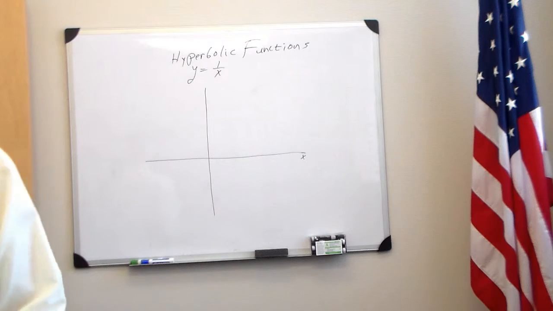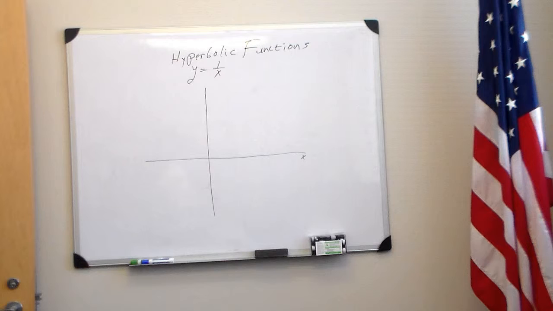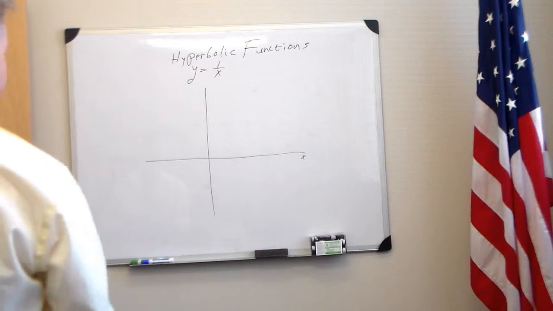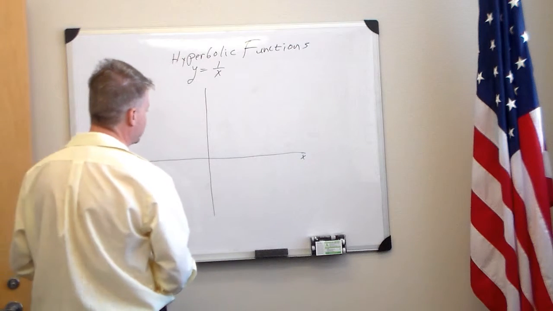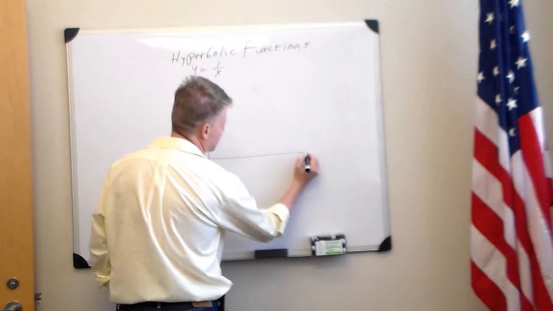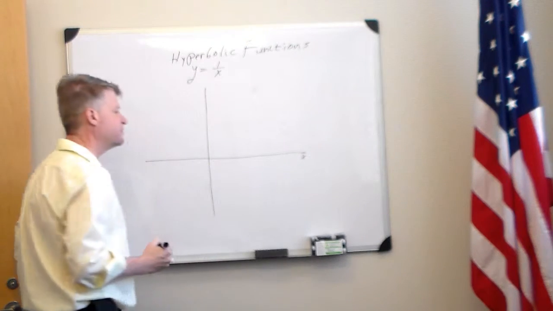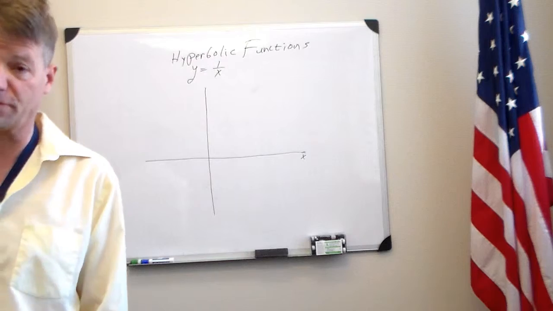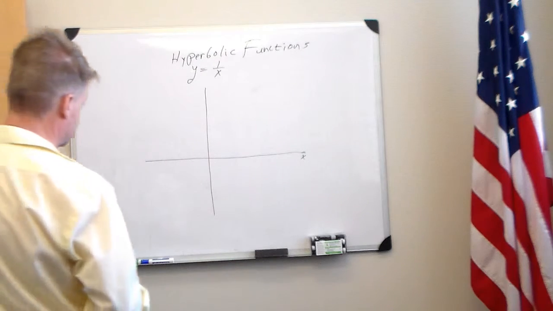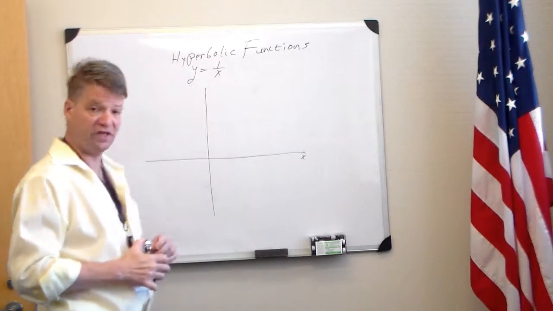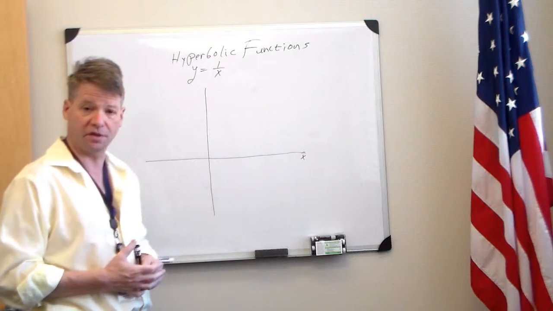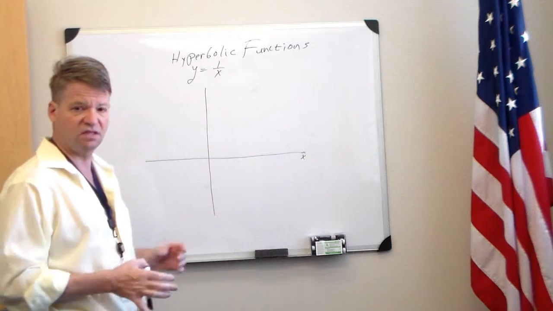Remember what asymptotic means. Asymptotic means we get closer and closer and closer to 0. We never quite reach it. So we become asymptotic to the x-axis for very large values of x, because 1 over infinity approaches 0.